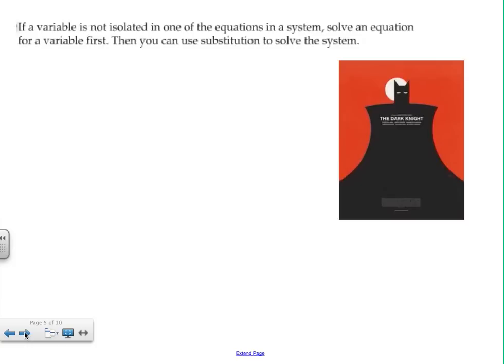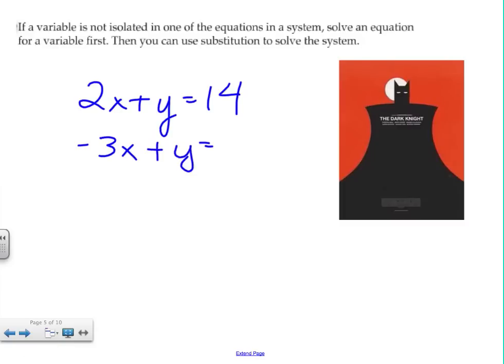If a variable is not isolated in one of the equations, like if you had 2x plus y equals 14, and you had negative 3x plus y equals 10, you would have to first change it so you're solving for just one variable.